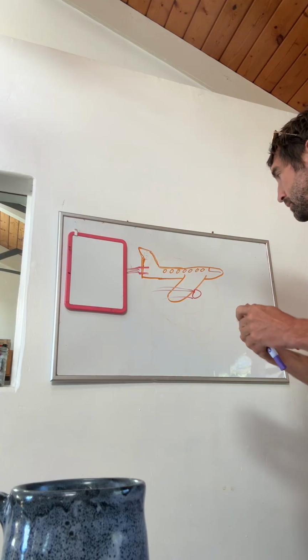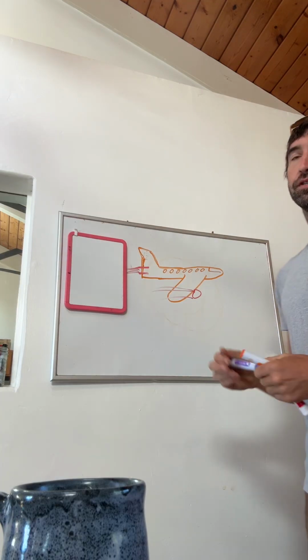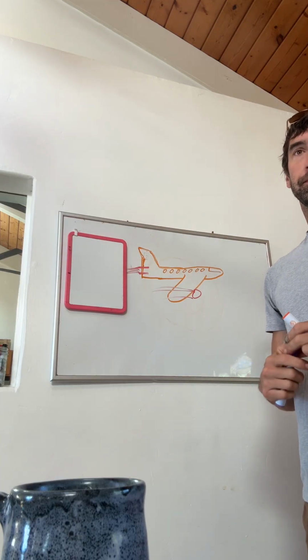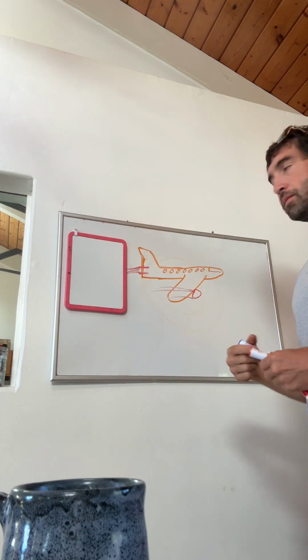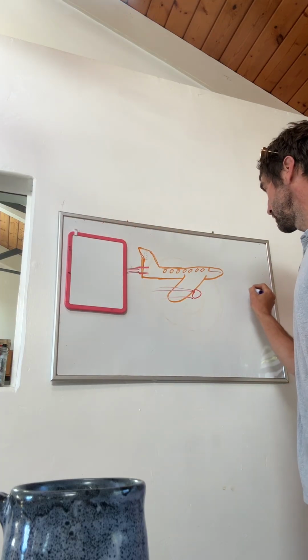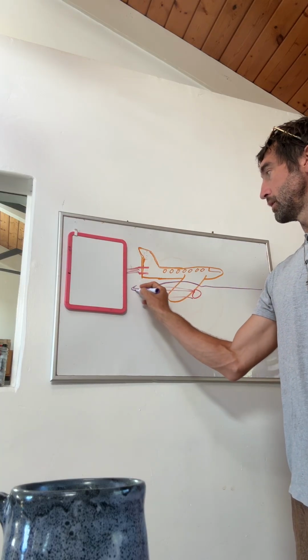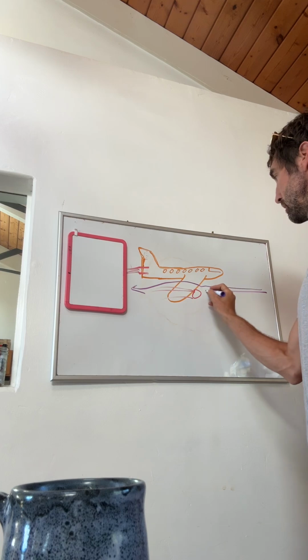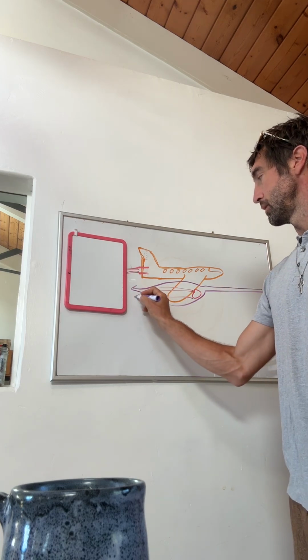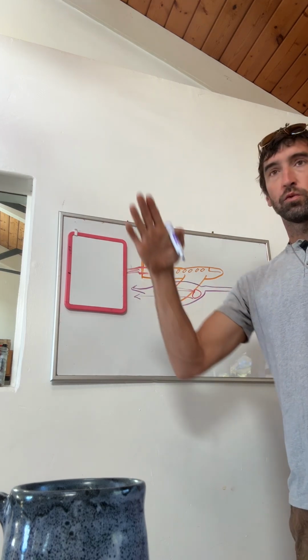Yeah? Then, have you ever stuck your hand out the car window? Like this? The air goes over the wing and under the wing, and then it swims up.